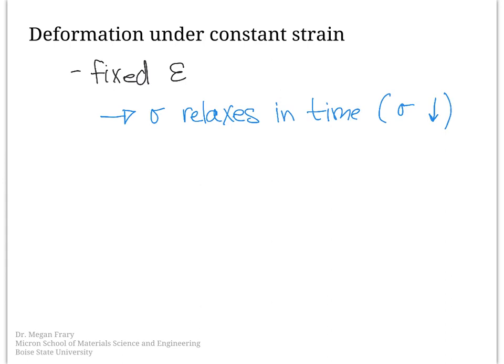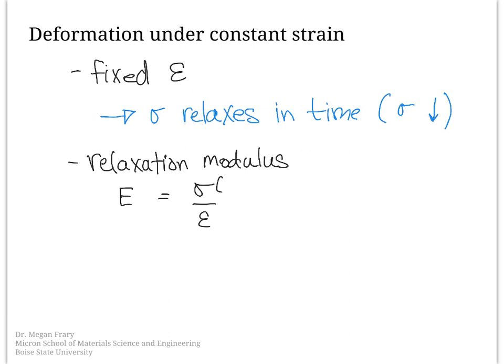And in analogy to the creep modulus, we can define a relaxation modulus. Whereas before we have this modulus which is equal to the stress divided by the strain, but now the stress is a function of time, and the modulus here also is a function of time.